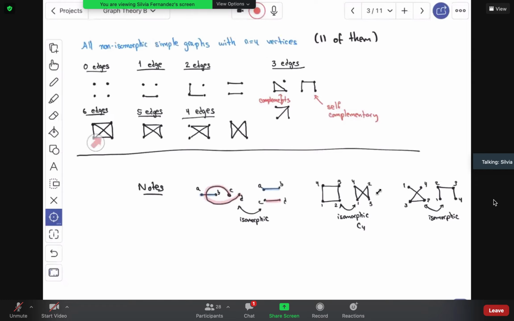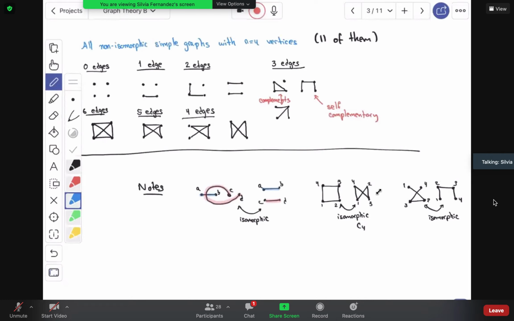Yes. So all of those are not isomorphic to each other. And if you give me any simple graph with 4 vertices, just give me any drawing, I'll find one in this list that's isomorphic to that one.